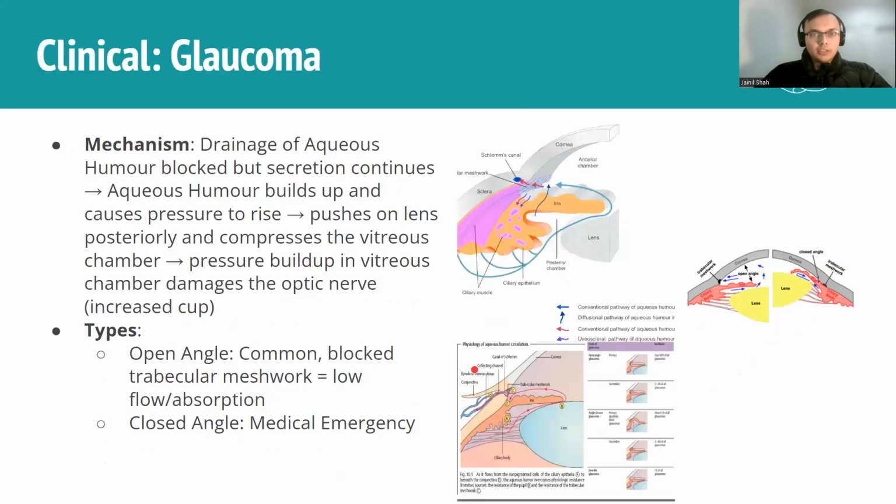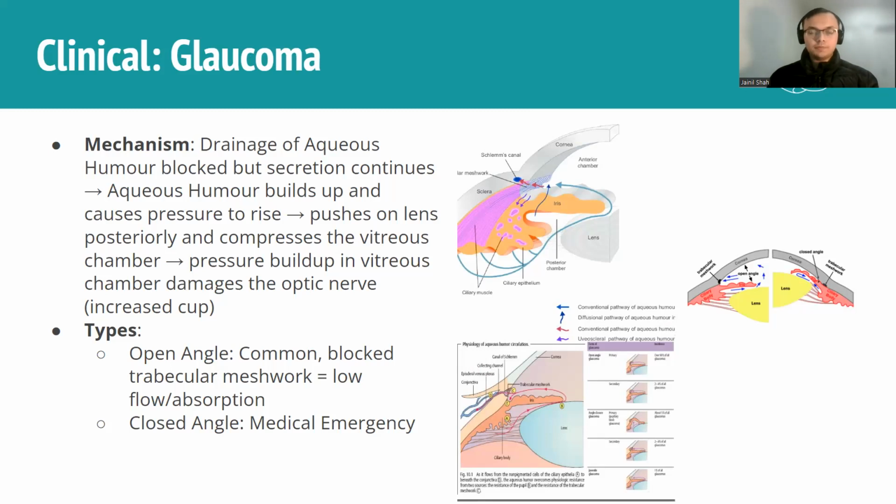Then we have clinical context of glaucoma. So this is talking about when you have impaired drainage of the aqueous humor. So if you remember, we said the aqueous humor was produced by the ciliary process, ciliary body, and what happens with glaucoma is the drainage of the aqueous humor becomes blocked, but secretion from the ciliary process continues.